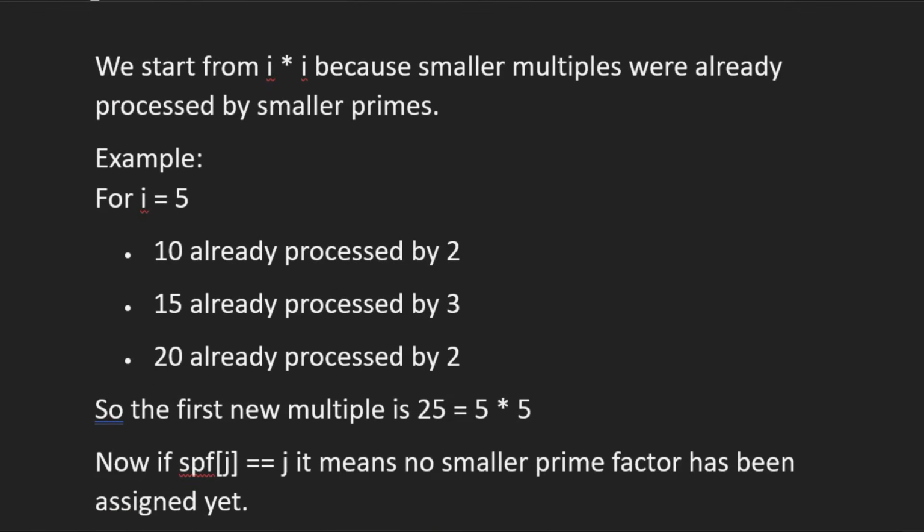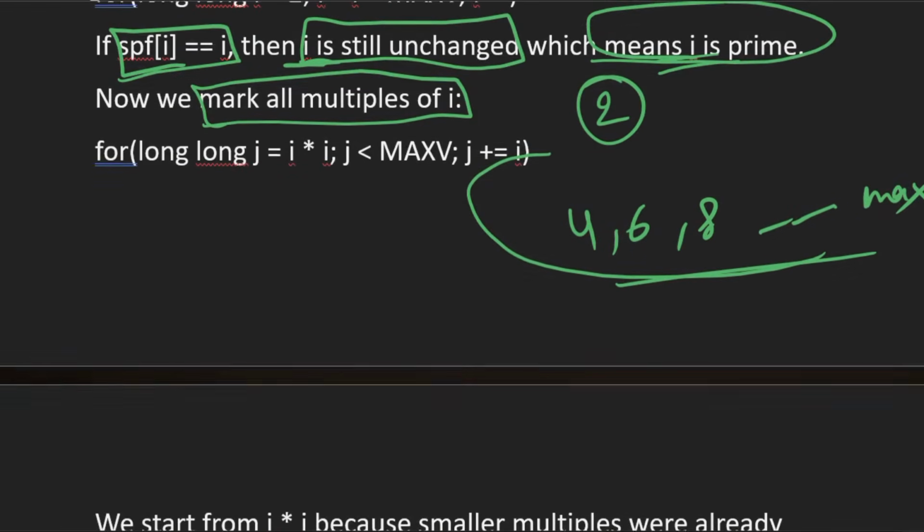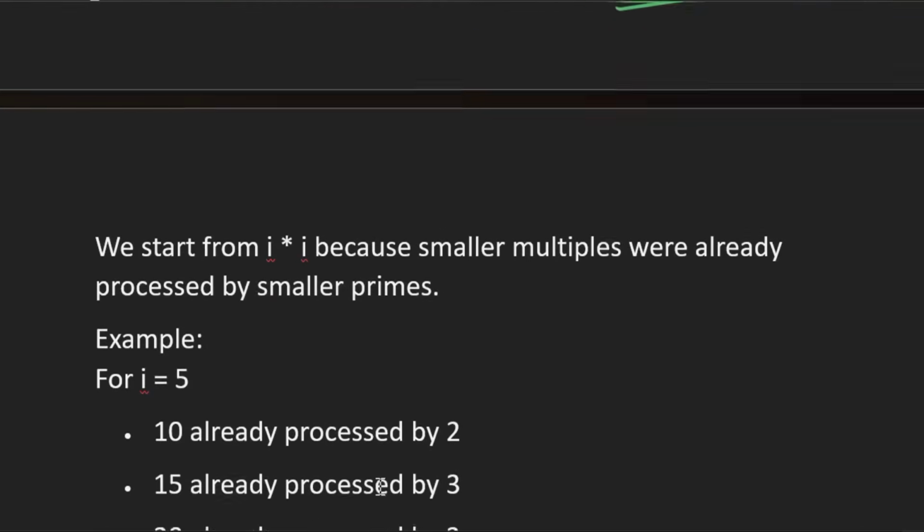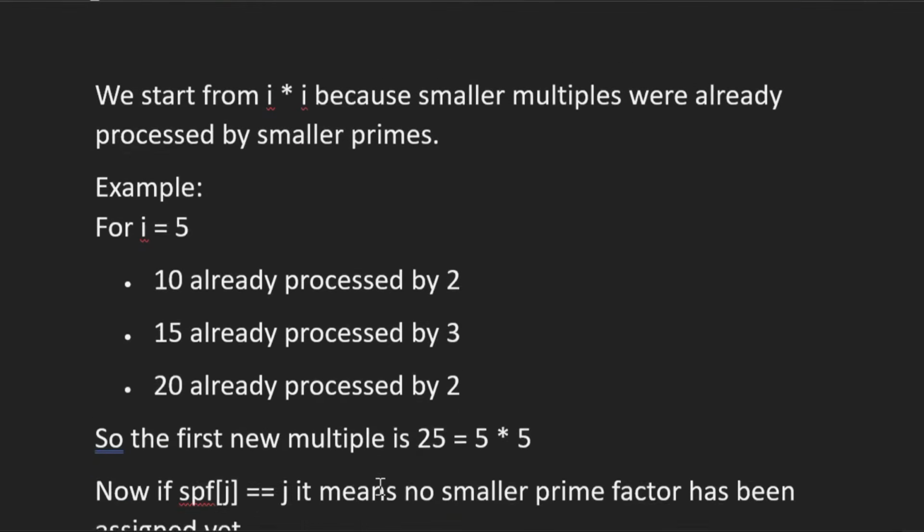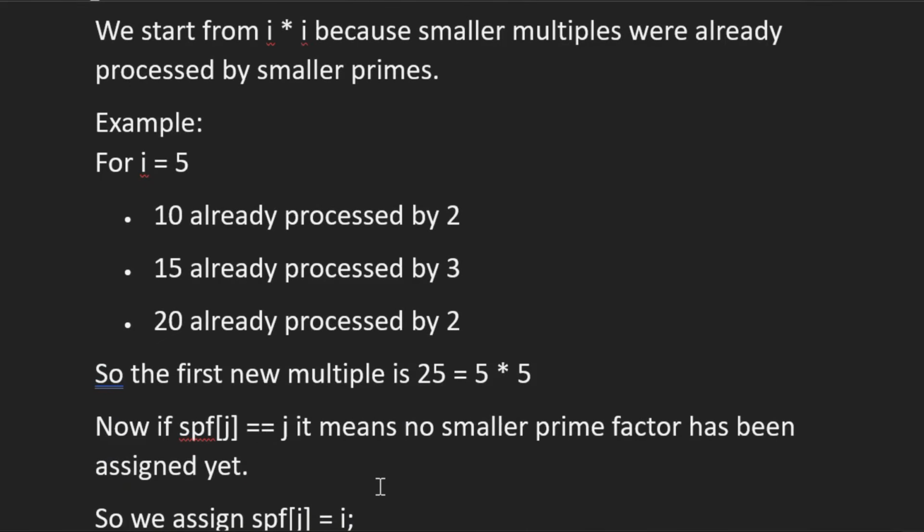And we start directly from i times i. So if you see in the sieve method, we are starting directly from i times i, right? Why? Because smaller multiples will already be processed by smaller prime numbers. So let's say an example.